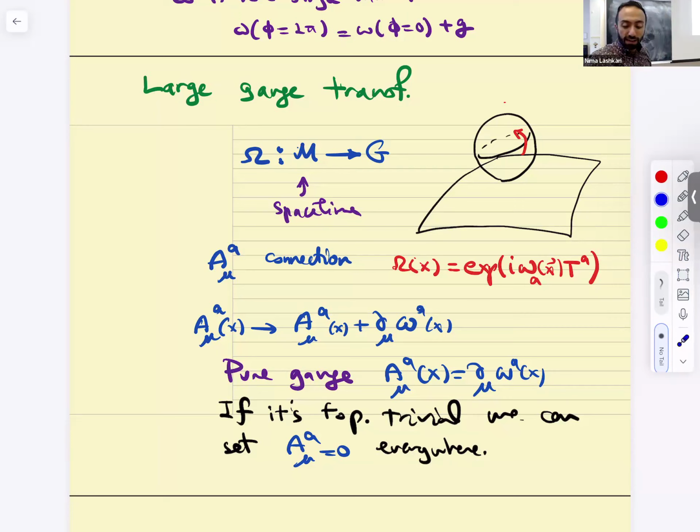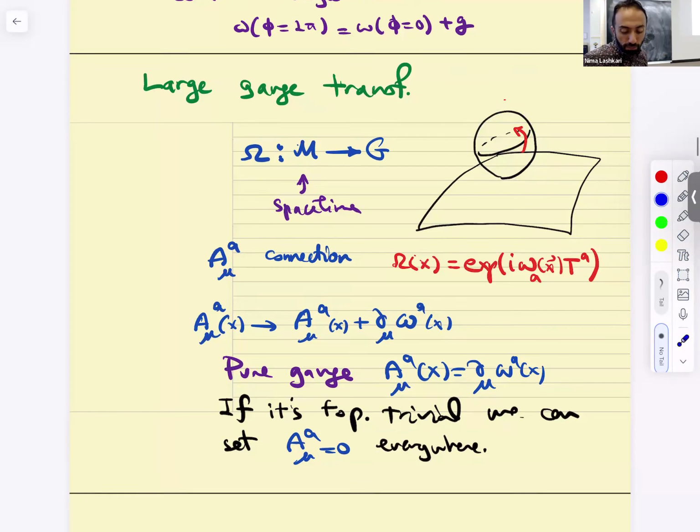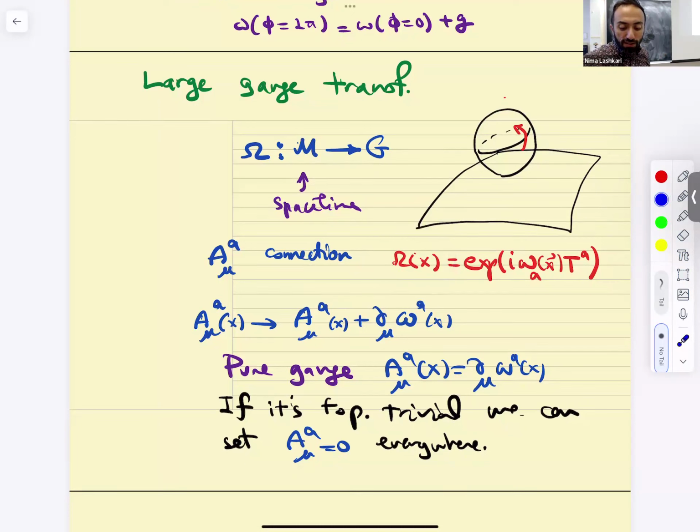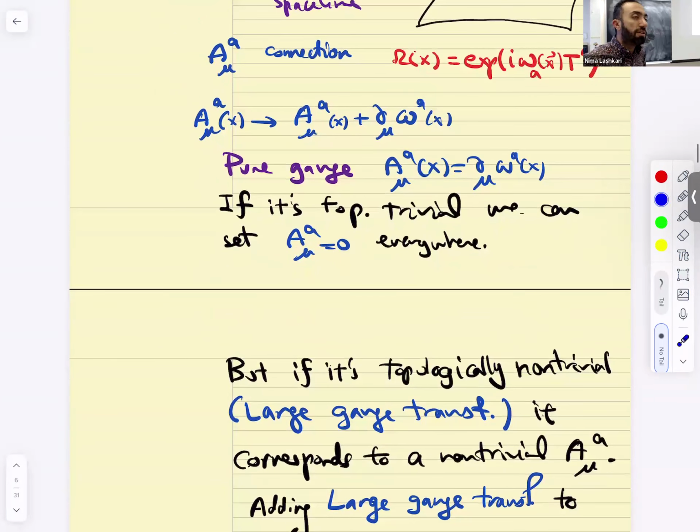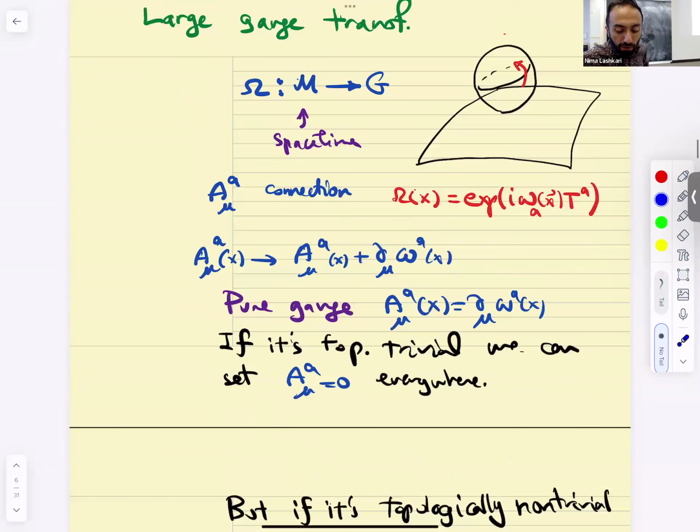so that we could compare the value of the charged matter at this point and another point. This gauge transformation is Lie group valued, and you could think of it as exponentiation of a Lie algebra valued thing, omega^a T^a, where the T^a are the Lie algebra generators. I'm pretending, I was using that notation for SU(N), but you know what it is. Under gauge transformation, the connection transforms this way.